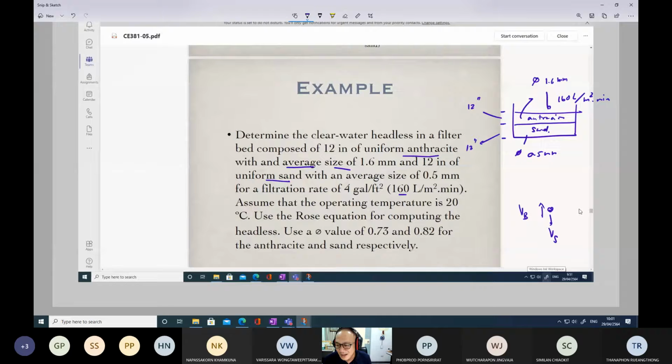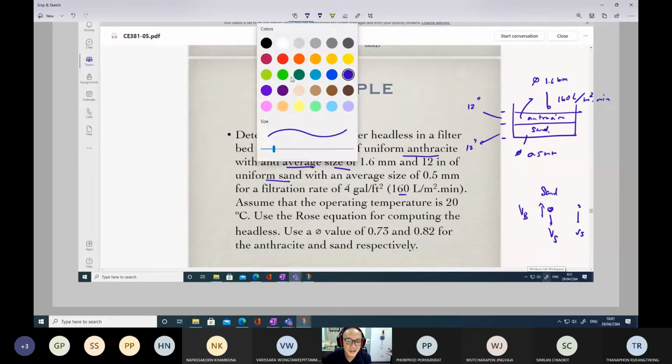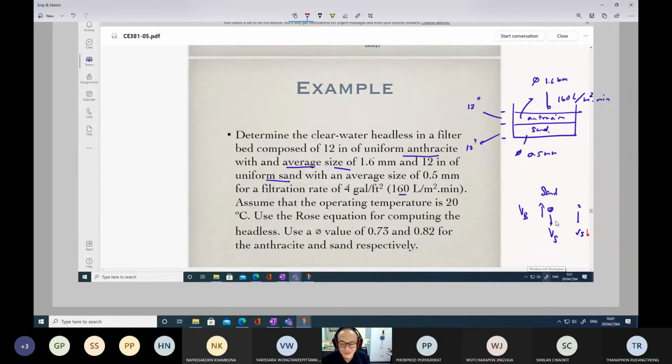But if we have two types of media, the sand's settling velocity may be very high, but the anthracite's settling velocity may be very low compared to the sand. In this case, the backwashing rate should be with respect to the one which has the small settling velocity, so the backwashing velocity depends on the settling velocity of the anthracite, not the sand.